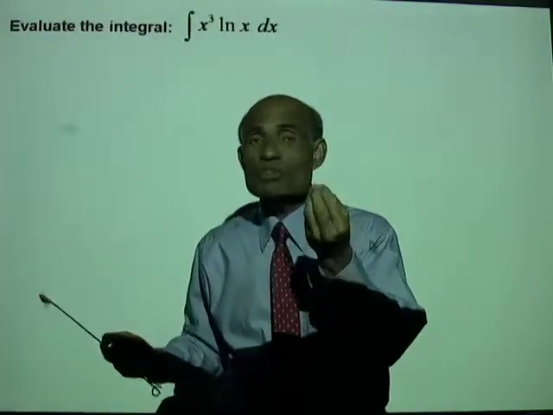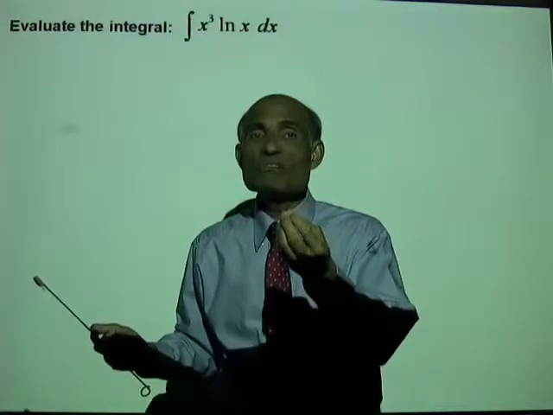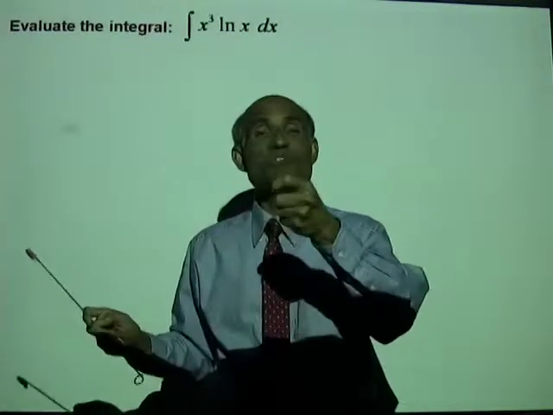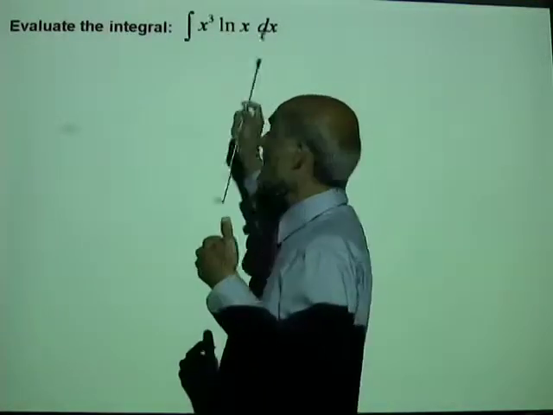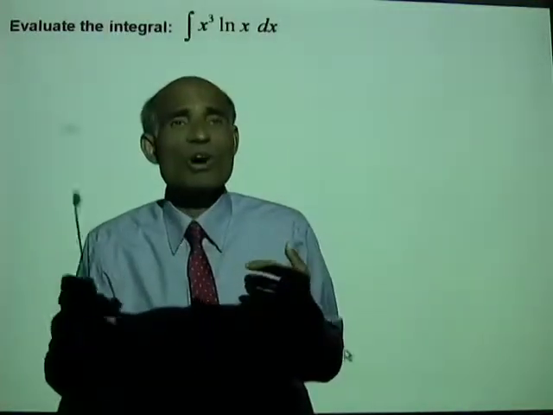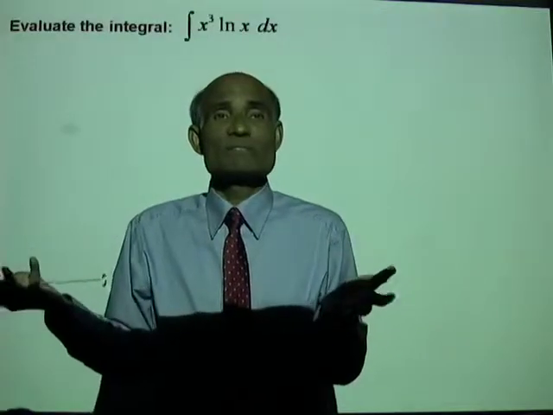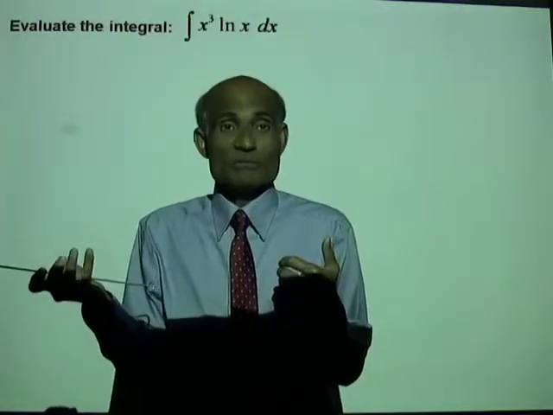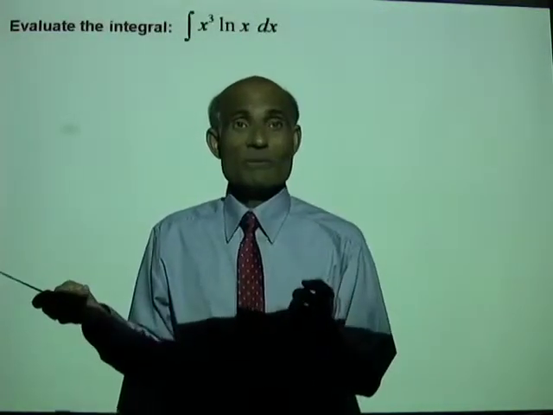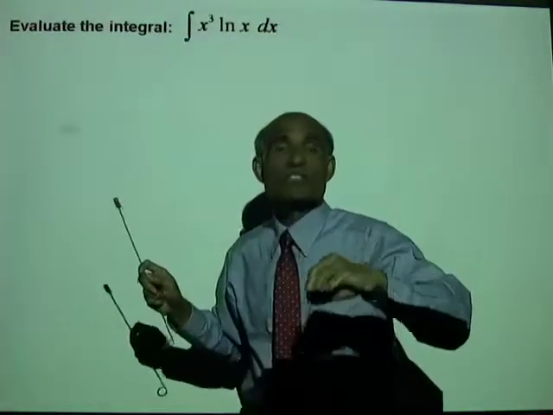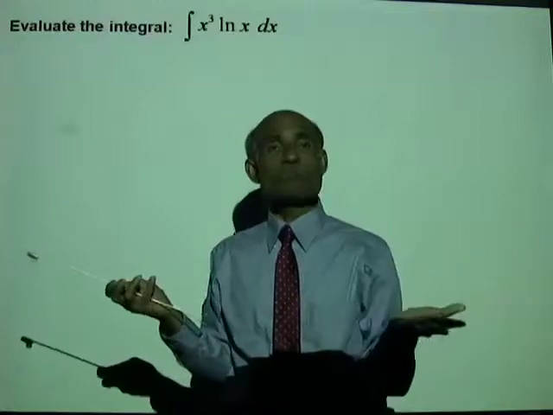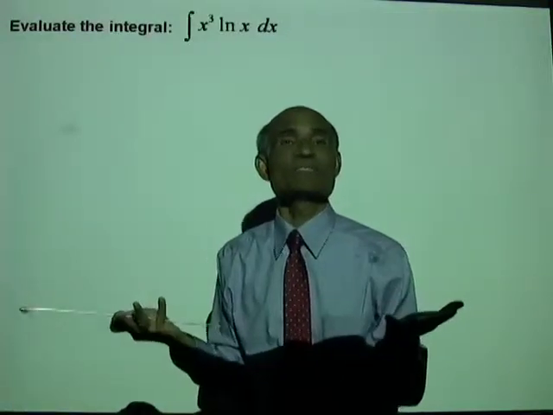But a quantity that you choose as dv must be a form that you can integrate. Now, do you know how to integrate ln x dx? What is the integral of ln x dx? I don't know, and I'm sure you don't know. So obviously, you cannot leave ln x dx as dv simply because you cannot integrate it.